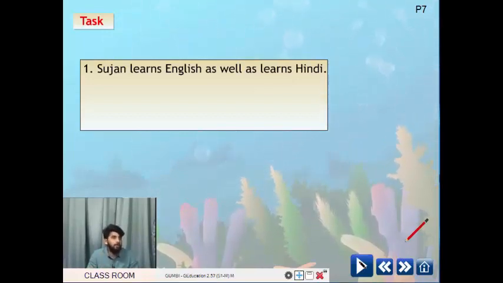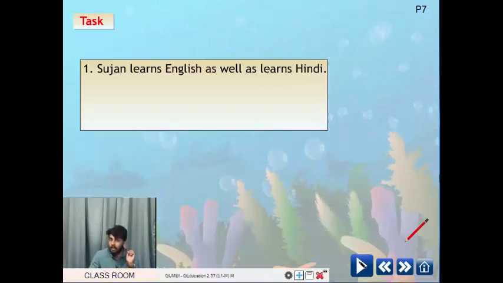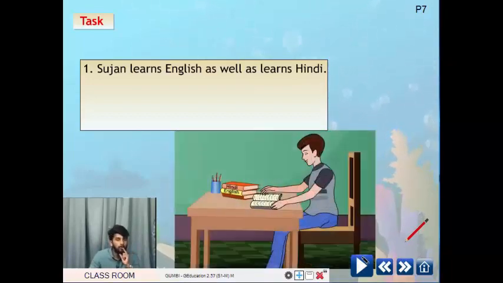See, observe the sentence here. Sujan learns English as well as learns Hindi. So observe the sentence, children. How many verbs do you find here? Yes, there are two.